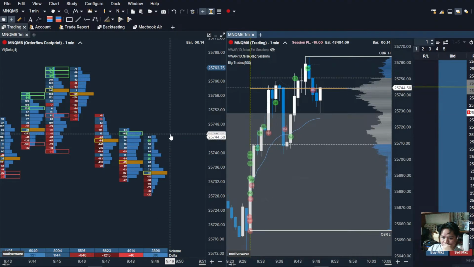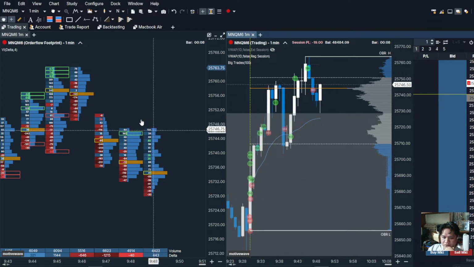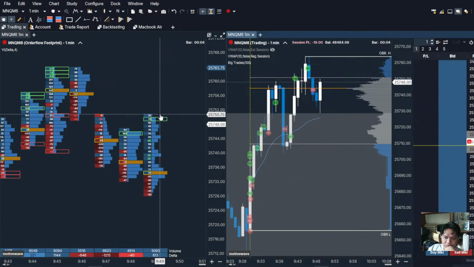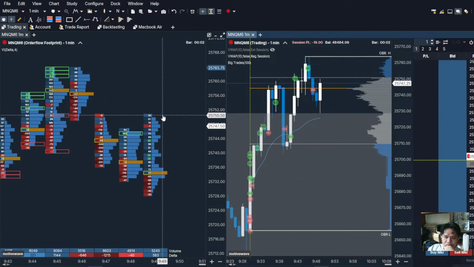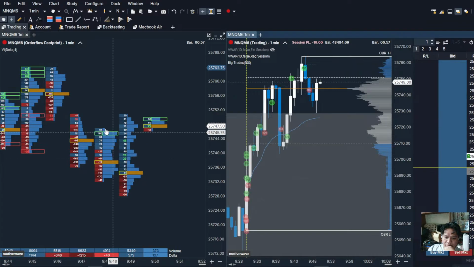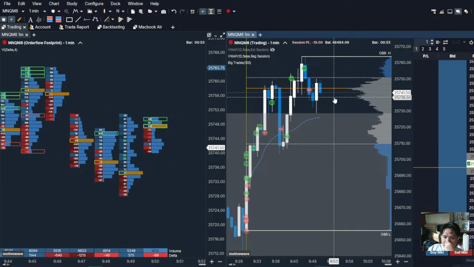43 area. No absorptions happening. No absorptions, guys. No absorbing yet. We didn't get any absorptions at all, so I don't like that.